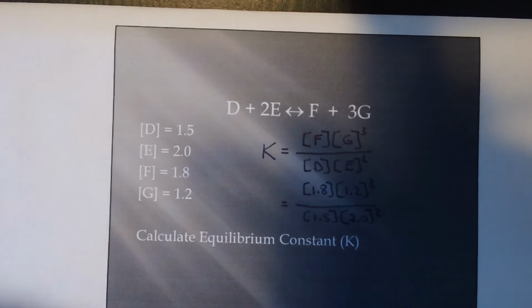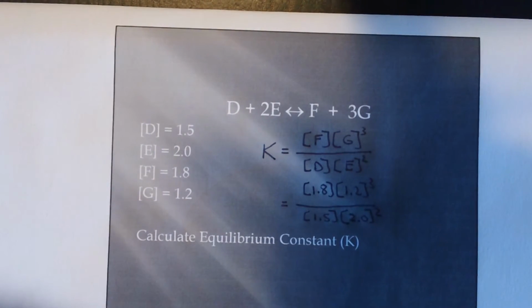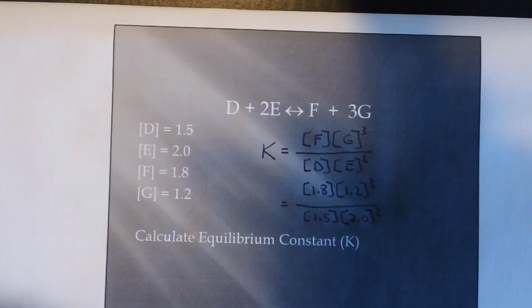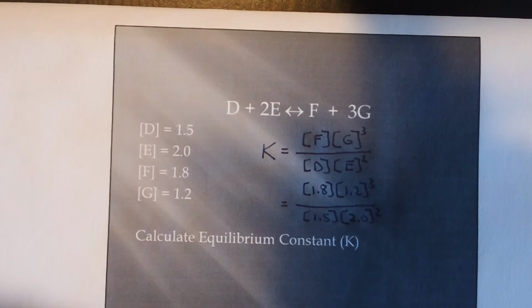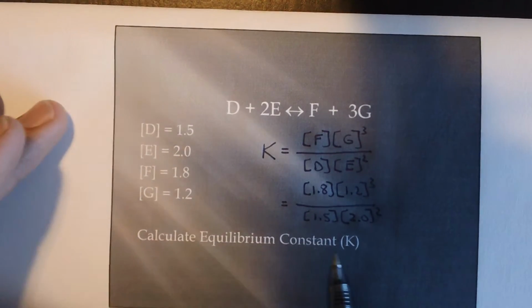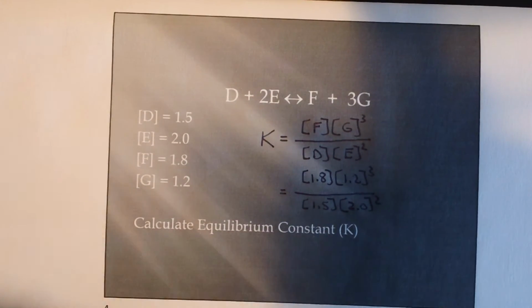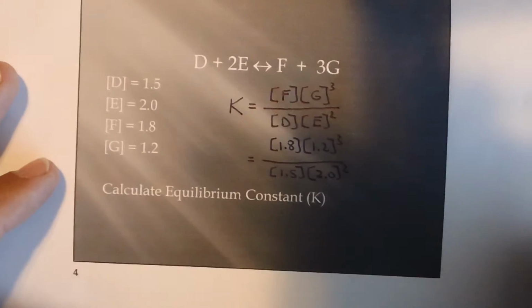And we would plug those into our calculator. We plug those in the calculator, and that would tell us what our equilibrium constant is. I'll put in the first comment what the K value is here.